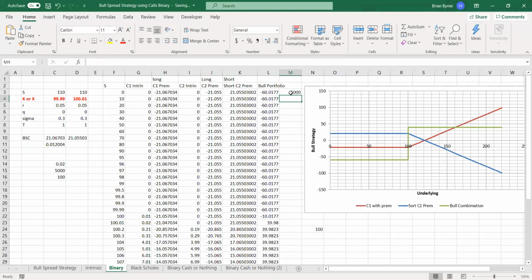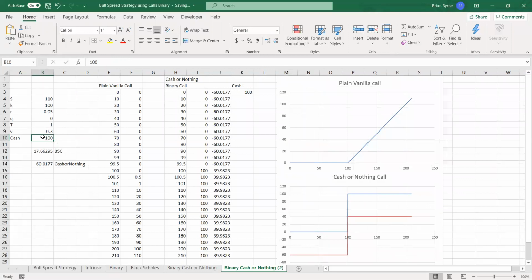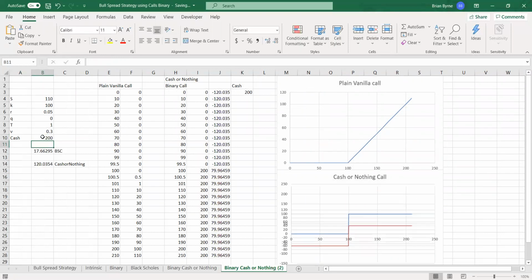If the cash amount was smaller, let's say 200, then we would need 10,000 here. Let's just check that. Let's go to the cash or nothing. Change this to 200.